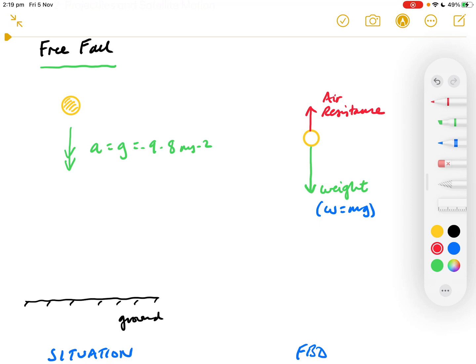Now this is important for understanding projectiles and therefore satellites, because a projectile has two components of motion, and the vertical component of motion of the projectile is identical to the vertical component of motion of a free-falling body. The only difference between the freely falling body and the projectile is that the projectile has this additional horizontal component of velocity, which is a constant velocity.